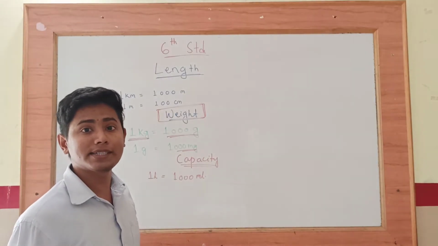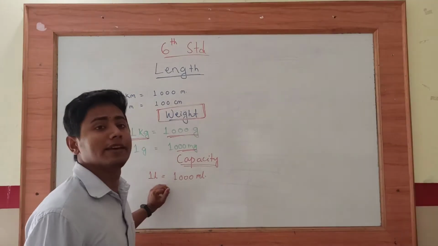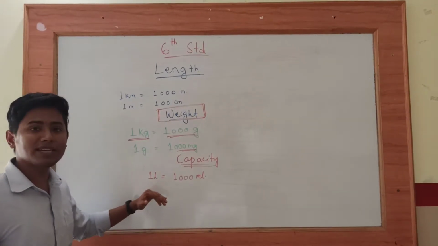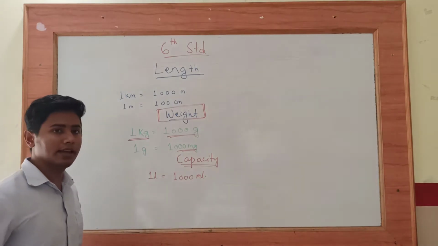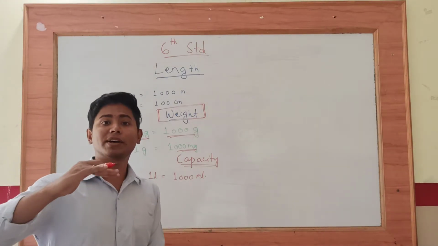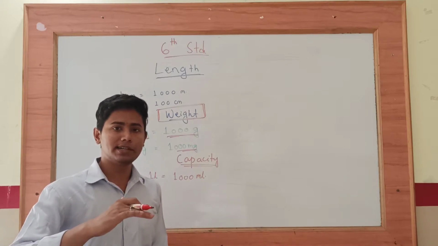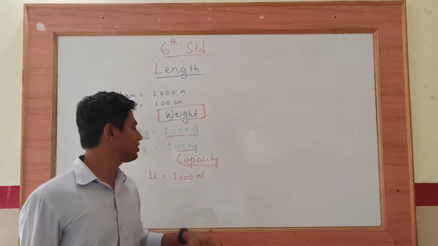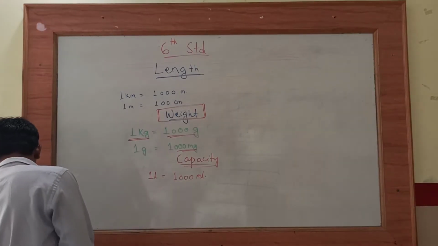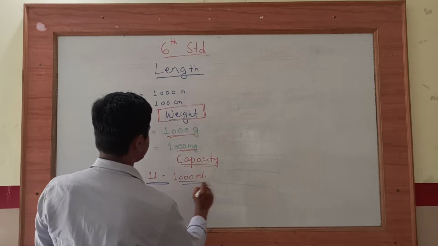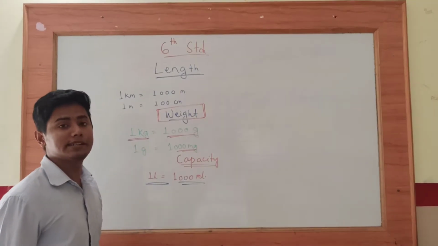You can go and say, give me 1 liter milk. So for capacity, to measure something in your water bottle, the capacity is 1 liter or 500 milliliter, like this. Understood everyone? This is used for capacity, liter.